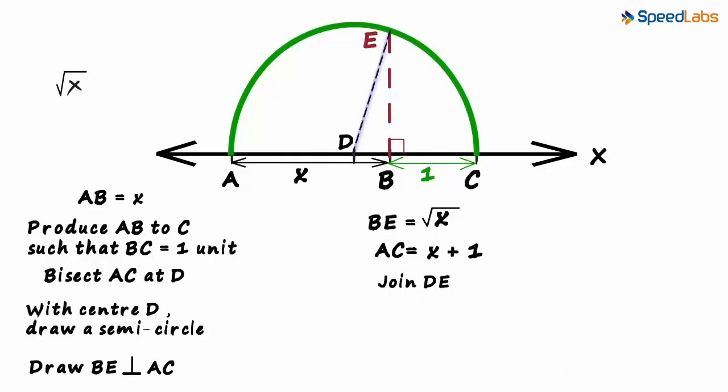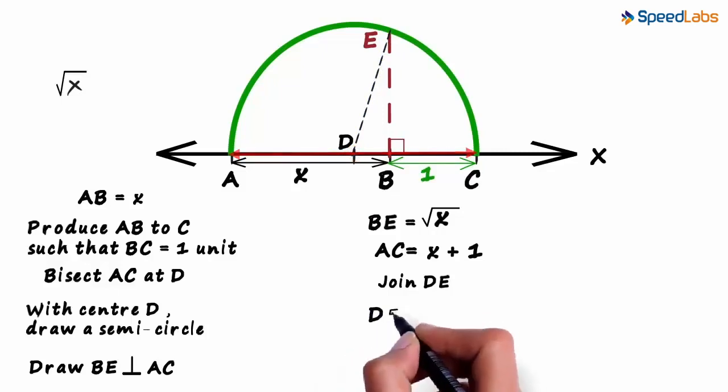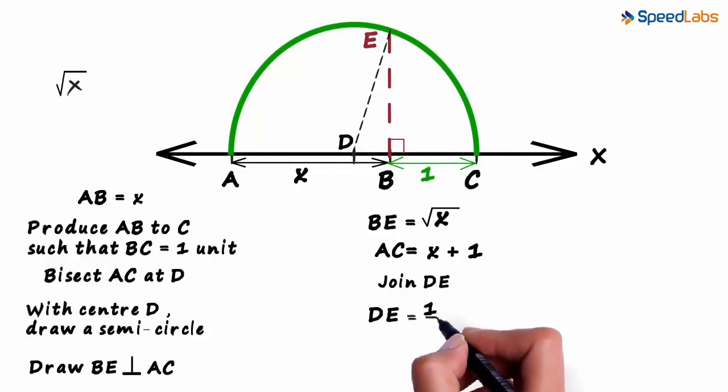What do you think will be the length of DE? It's simple. It will be the same length as AD or DC, as they are all radii of the circle with center D. And we know that since D is the center of AC, AD will equal DC will equal half AC. So DE will also equal half AC.